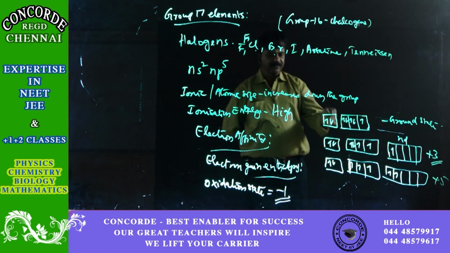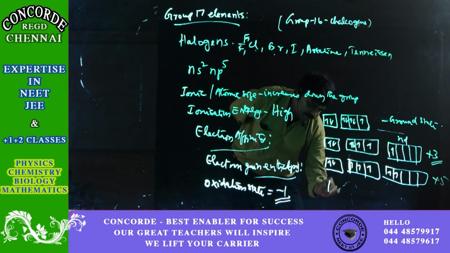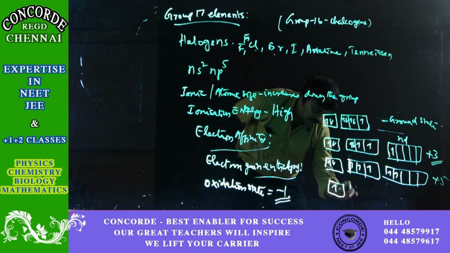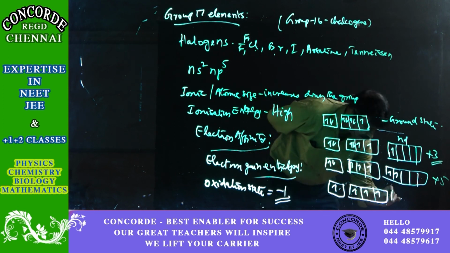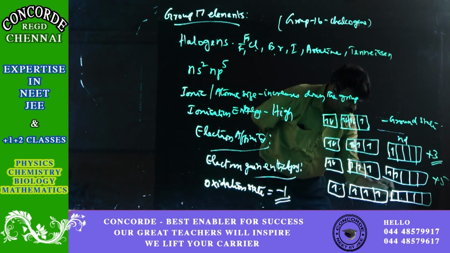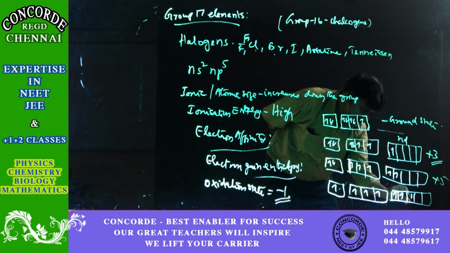If it is further excited, the unpairing of the s electrons also happens, and so you will have a total of 7, 4 plus 3, 7.